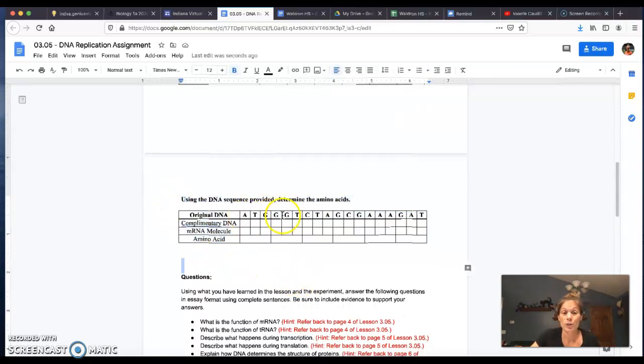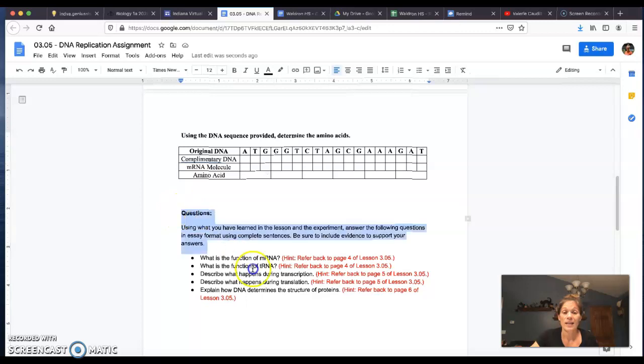You're given a new strand of DNA. Copy it into the complementary DNA, then with that complementary DNA, find the corresponding mRNA molecule, and then use the chart again to look up the amino acids. Lastly, you have some post-lab questions, or post-activity questions, and there are some hints there for where to find some answers.